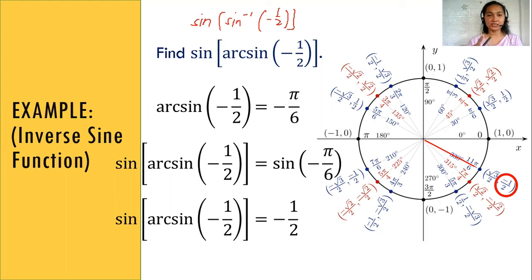Just make sure that the unit of the angle is in radian. Although what we have here is -1/2, when you use degree as the unit of measure, that will also give you -1/2. And I'll show you the easiest way later on how we are going to find the composite of this kind of expression.